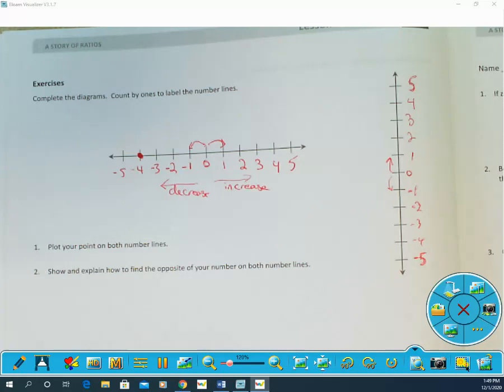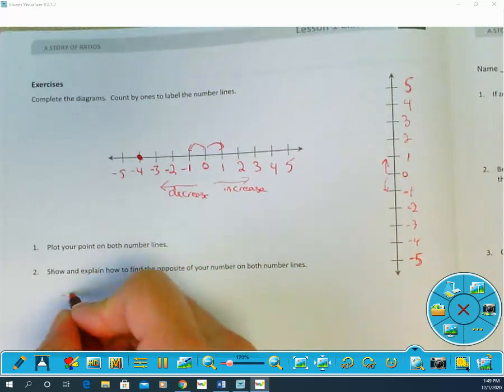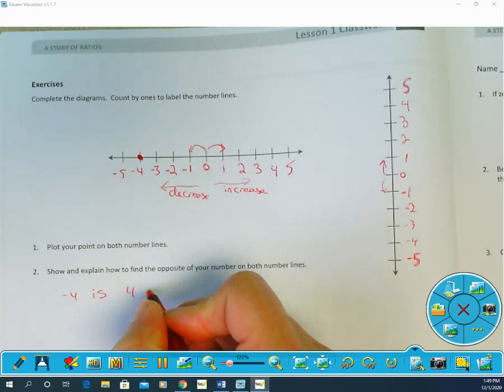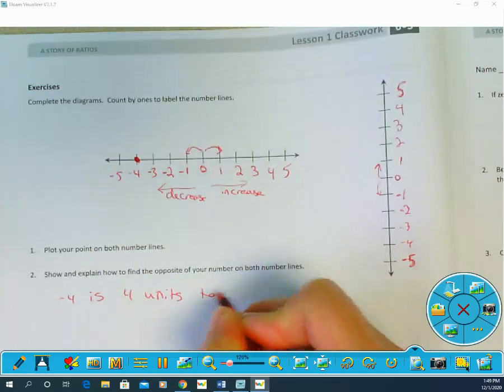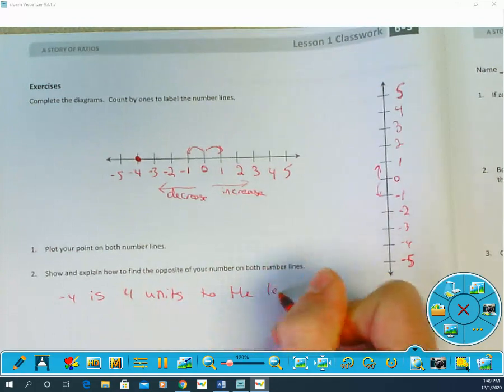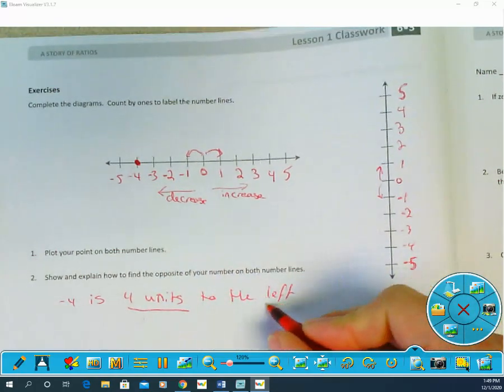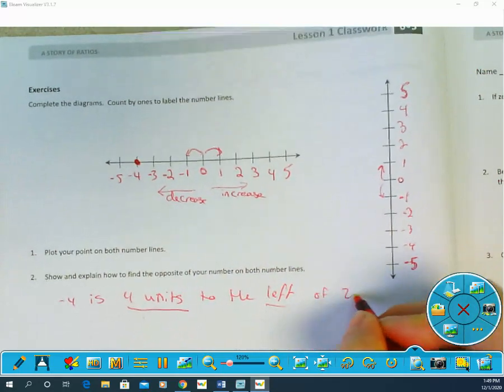Well, when I look at this -4, I know that the -4 is 4 units to the left. This is very important. 4 units to the left of 0.